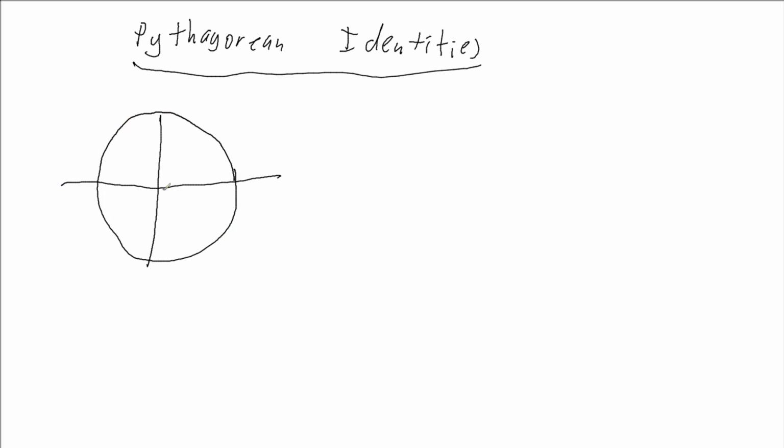So if I just draw any angle onto here and draw its value on there, and I turn this into a right-angled triangle, then sine theta being opposite over hypotenuse is going to give me the y value, because we know that the hypotenuse has a length of 1.